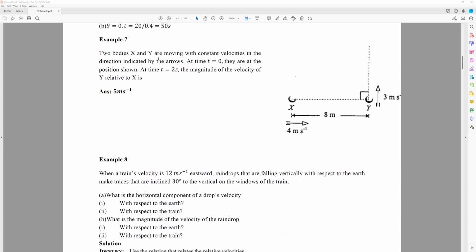The two objects are moving at constant velocity in the directions shown. Find the magnitude of the velocity of y relative to x. It doesn't matter what the time is. The magnitude of the velocity is always constant because they have constant velocity. The velocity of y relative to x is just the velocity of y minus the velocity of x.